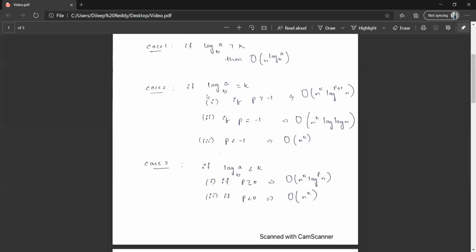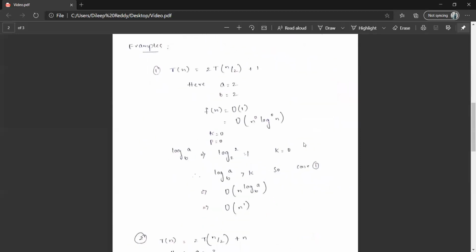Again we have 3 subcases, so we have to check if p is greater than -1, equal to -1, or less than -1. If greater than -1, we're going to use big O of this thing, and if p is equal to -1, we're going to use this one. If less than -1, we're going to use this one.